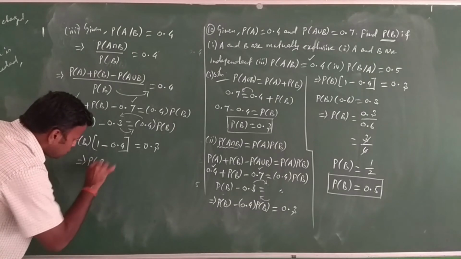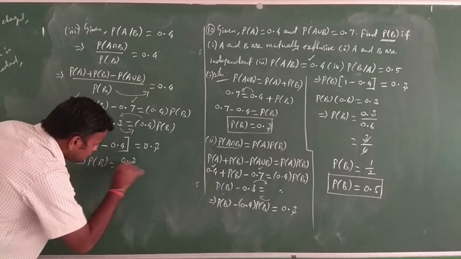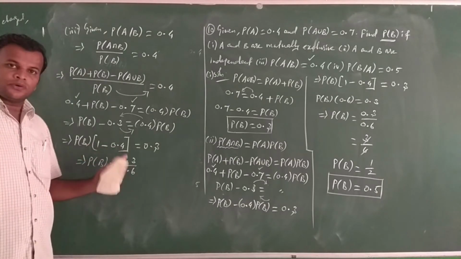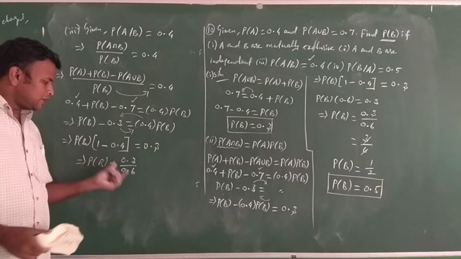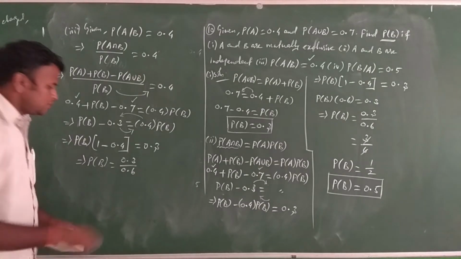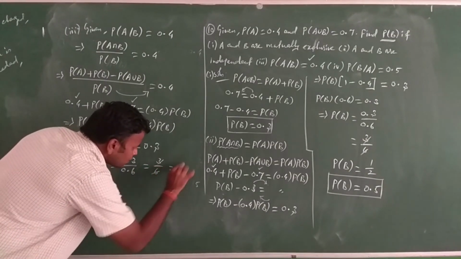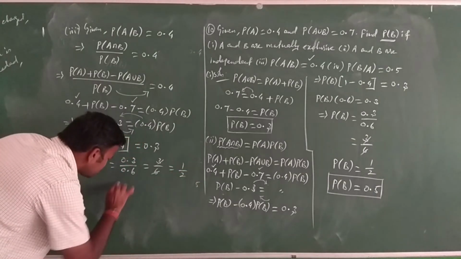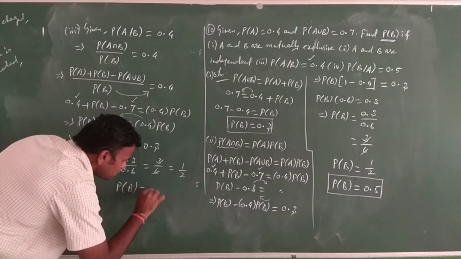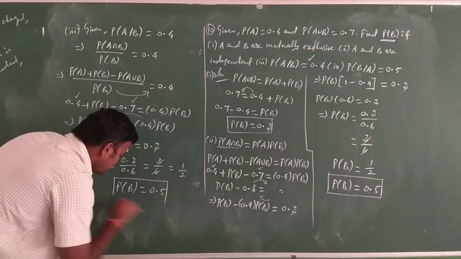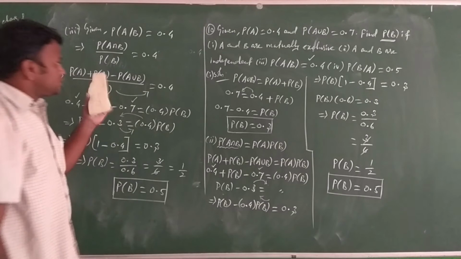So I write P of B as 0.3 by 0.6. 1 minus 0.4 is 0.6, and the multiplication term goes to the denominator. 3 by 6 is 1 by 2. So here also the P of B value is 0.5. I'll finish the third solution.